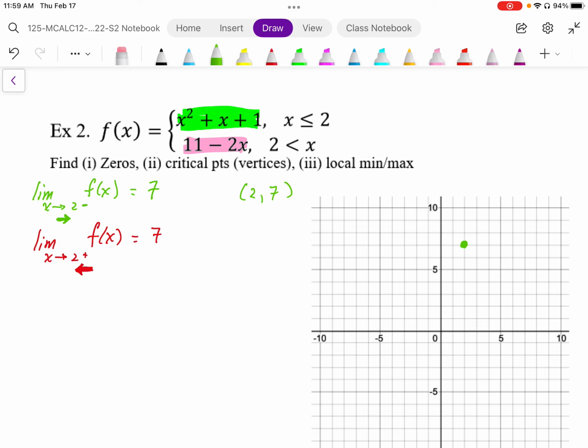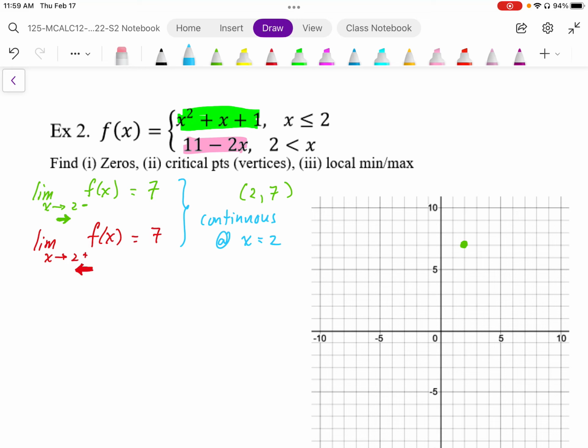Not only is the limit the same, it's also defined at that point. What that indicates is that this is continuous at x equals 2. That's important. We need to establish continuity first.